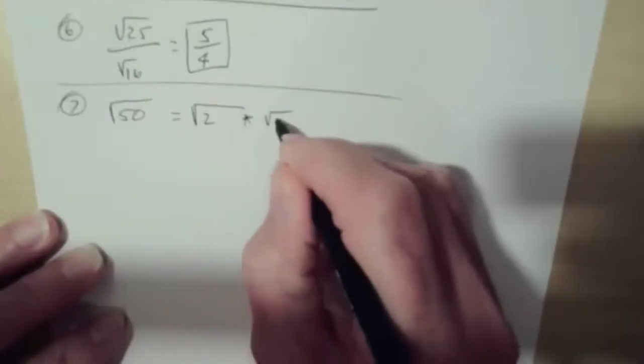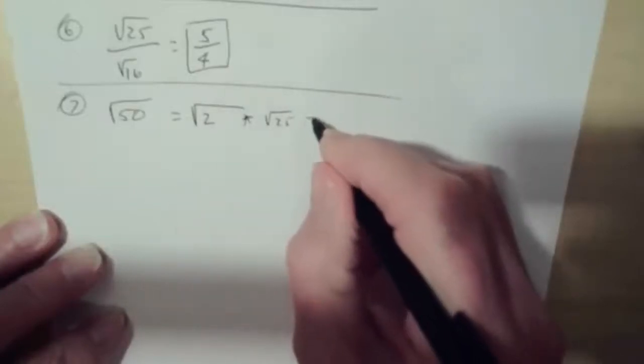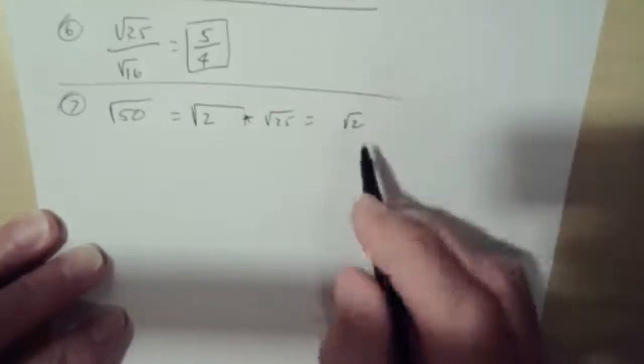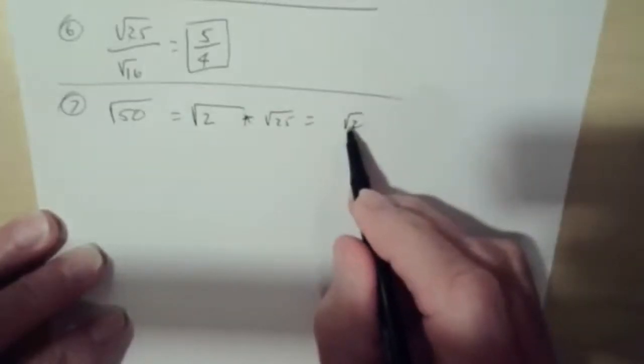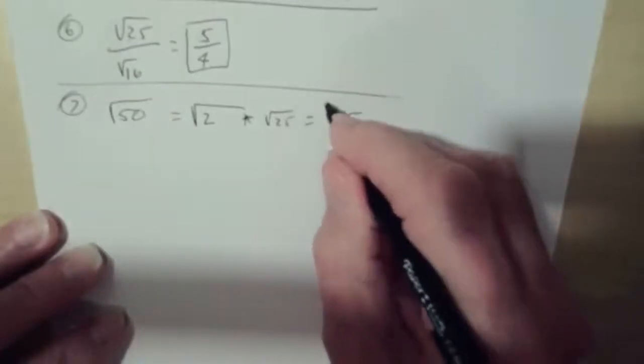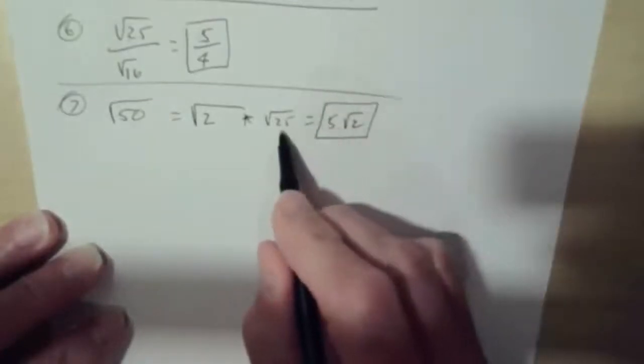And it's square root of 2 times square root of 25. Can we take the square root of 2? No. Can we take the square root of 25? Yes. So the square root of 2 stays under the radical. Remember, the radical is the square root symbol. And the square root of 25 is 5. Once you take the square root of it, it comes out of the radical.